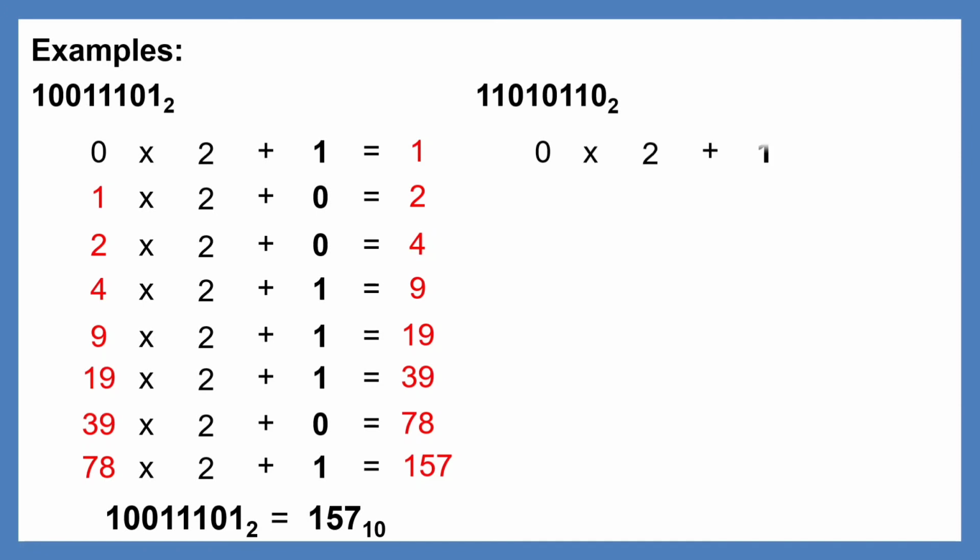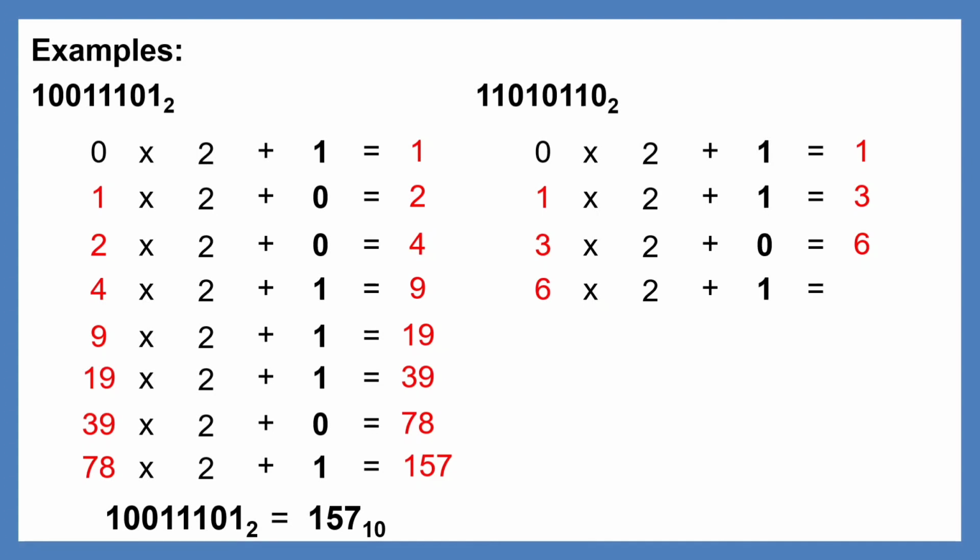So 0 times 2 plus 1 is equal to 1. And then 1 times 2 plus 1 is equal to 3. Then 3 times 2 plus 0 is equal to 6. And then 6 times 2, 12, plus 1 is equal to 13. Then 13 times 2 plus 0, we have 26.